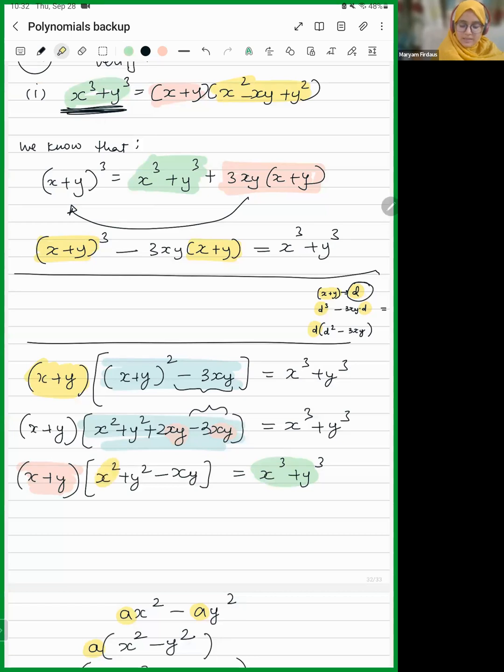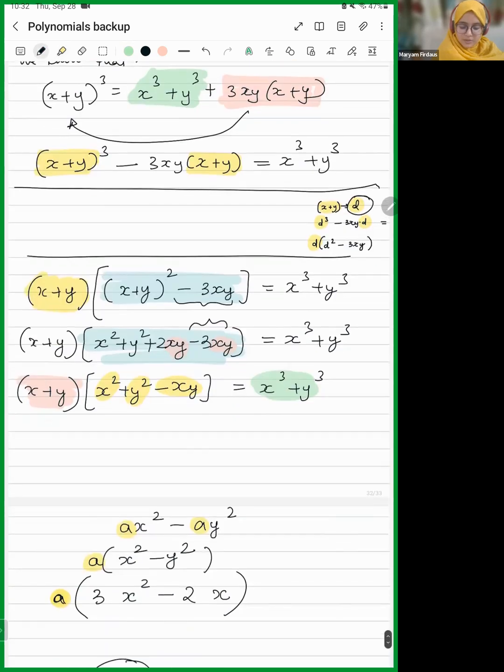So we can just rewrite it. I'm just flipping the equation: x cube plus y cube is equal to x plus y into x square minus xy plus y square. Is this clear? Yes, ma'am, it's clear.